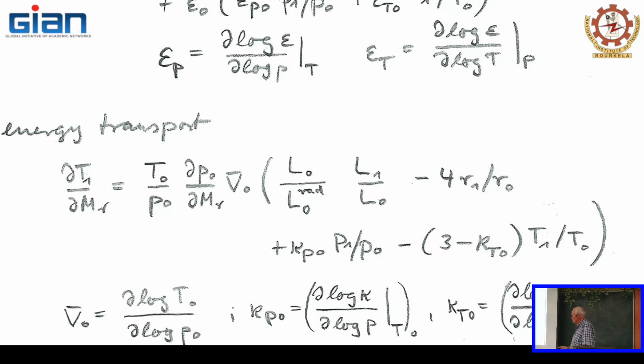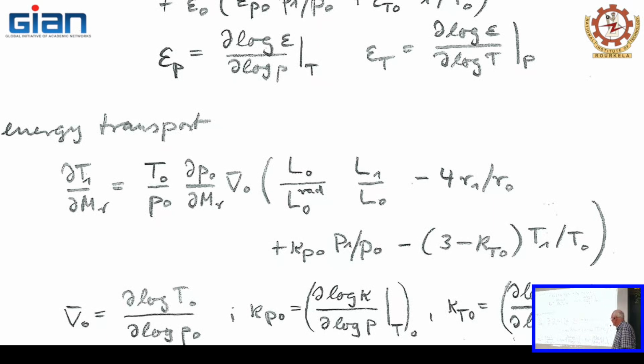So this is d log T0 over d log P0. We keep in mind it's not the radiative nabla, it's not the adiabatic nabla, it's the value of nabla for our specific model we have determined previous to the stability analysis.